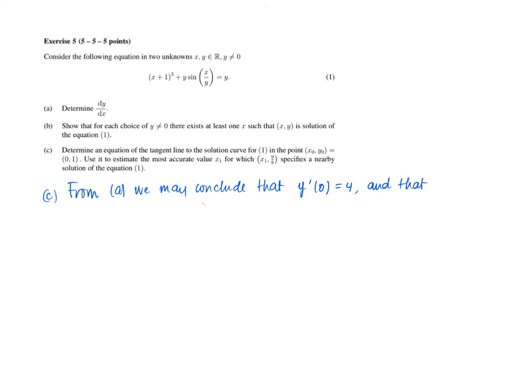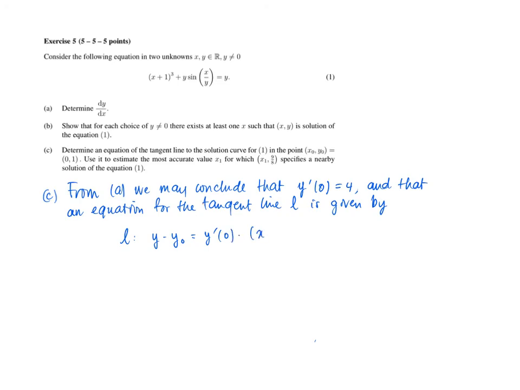So using the standard way to put up an equation for a line which goes through coordinates (0, 1) and has slope 4, we get L: y minus y0 equals y prime 0, which is 4, times x minus x0.